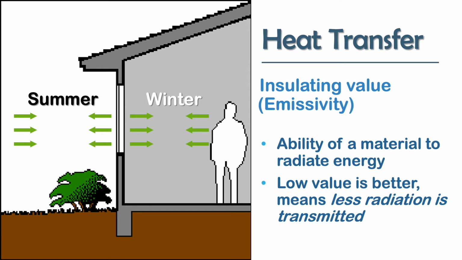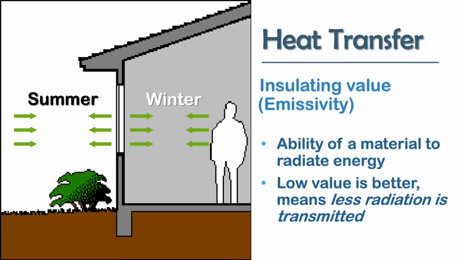The thermal environment always is seeking equilibrium. In the winter, when it's cold outside, our bodies will radiate heat towards colder surfaces like windows, and we feel cold when the surface of the glass is cold. We feel cold when all surfaces are cold.